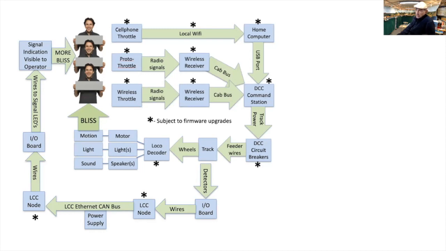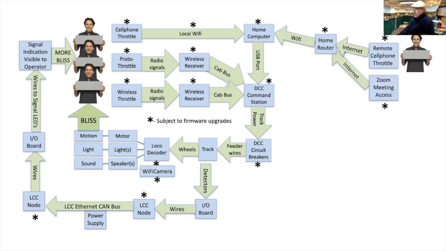That signal is then visible to the operator and gives even more bliss than they had before. So you can see there's only two more firmware upgrades involved with those LCC nodes. And I don't know, I look at this and think it's not going to kill me. It's already bad enough, but how bad is a little bit more?